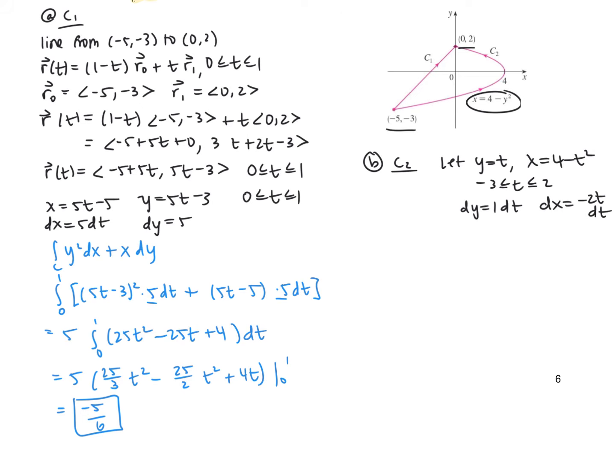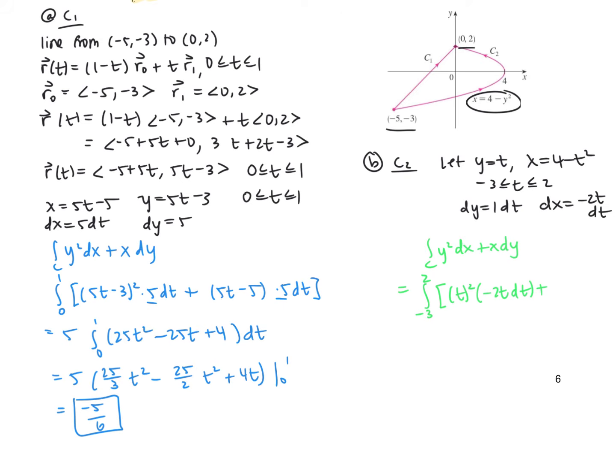Okay, now we have to evaluate this integral along the second curve. So again, it's the line integral of c y squared dx add x dy. So what this becomes is we're integrating from -3 to 2. Y squared is t squared times -2t dt.